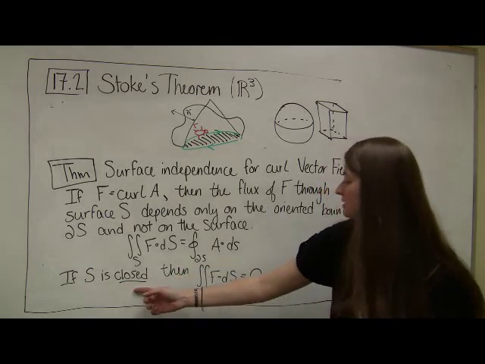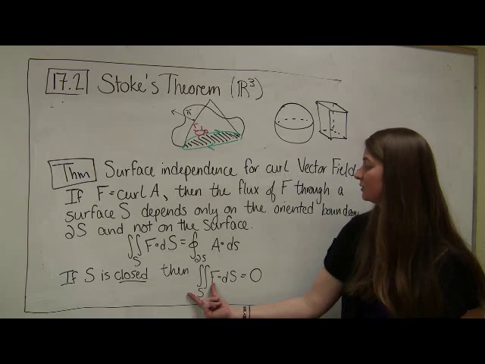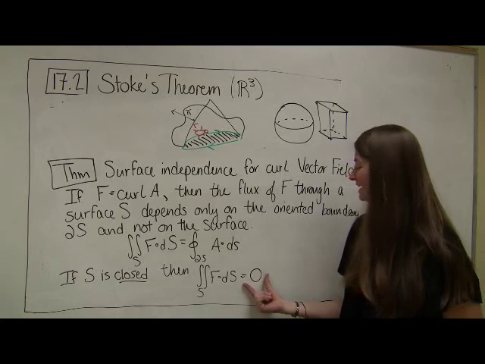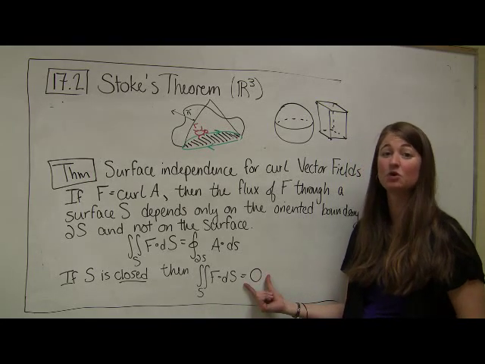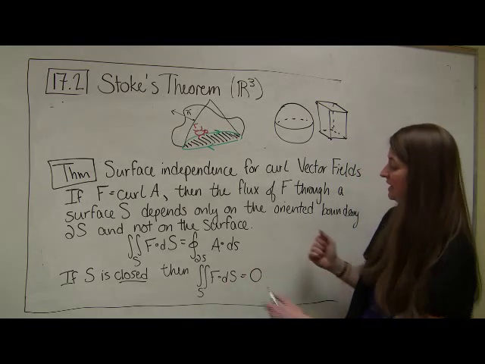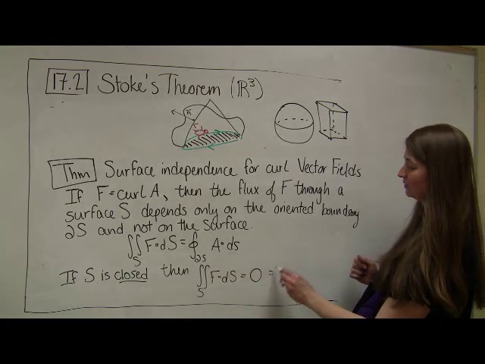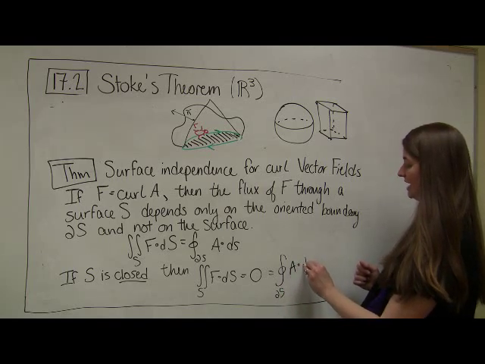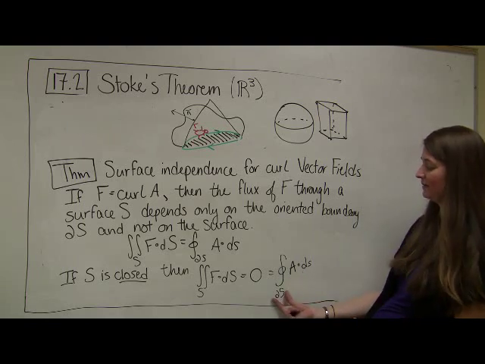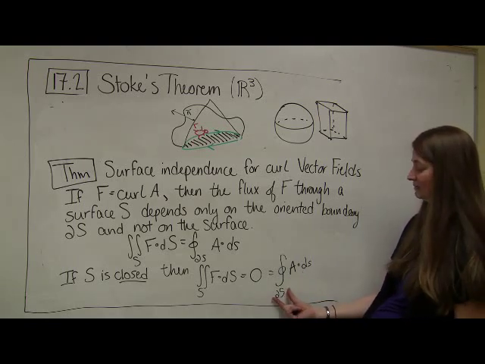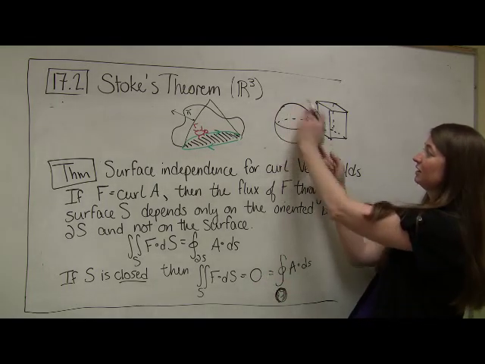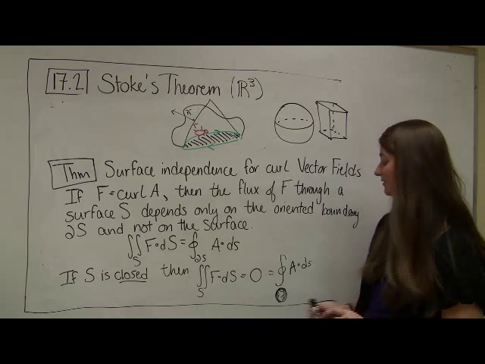So if S is closed, then we know that this double integral over F, where F is equal to the curl of A, is going to be equal to 0, which is a cool result because we know that this is going to be exactly equal to the oriented vector line integral over A ds. And if our boundary doesn't exist, then this is just going to be 0. And so computing the flux over this shape is also going to give us a 0 value.